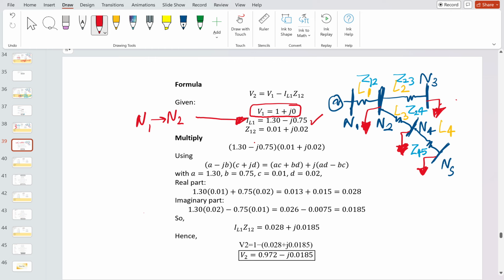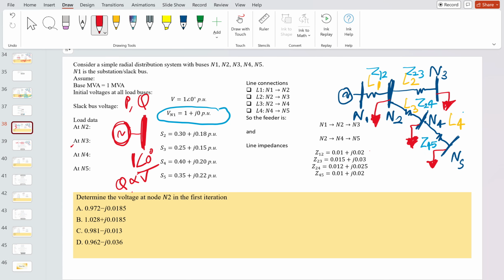And Z12 we already know, Z12 is already given in the network, that is 0.01 plus j 0.02.